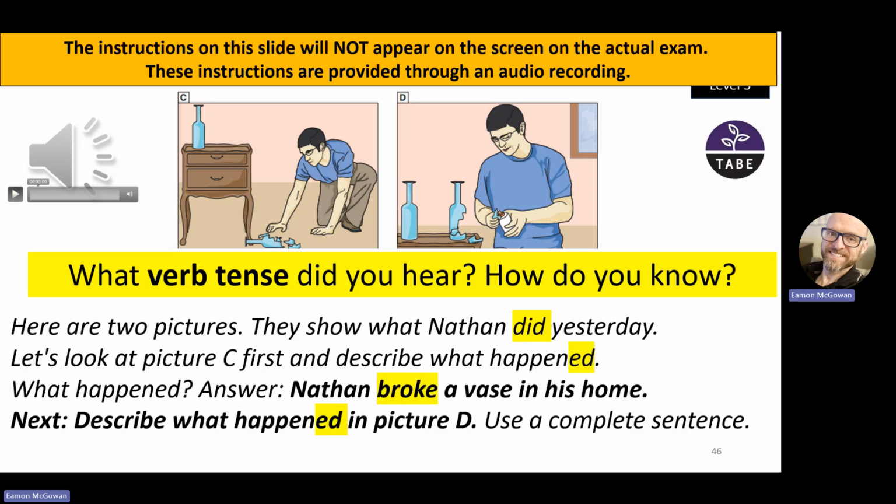You can also show them the transcript and have them notice all those simple past verbs. Did, happened, broke. And what's most important is the question or the instruction of what they need to produce. Describe what happened, not what's happening, not what will happen, what happened.